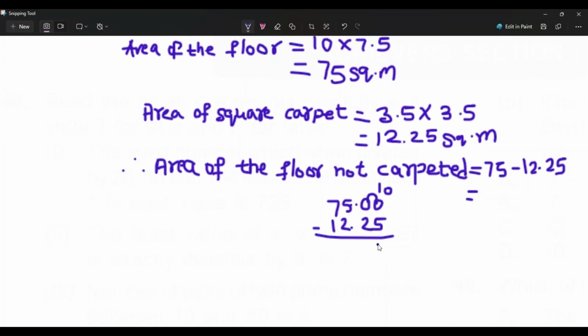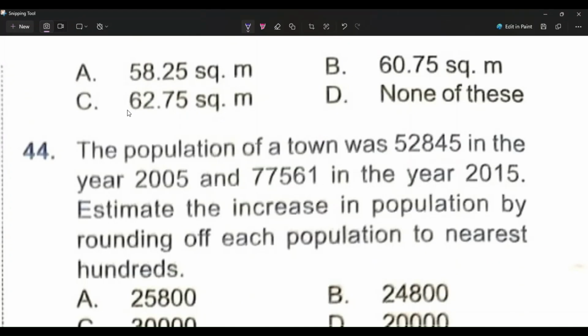So take a borrow, it becomes 10. 10 minus 5 is 5. 1 when borrow, it becomes 9. 9 minus 2 is 7. 7. It becomes 4. 4 minus 2 is 2. 7 minus 1 is 6. So answer is 62.75 square meters. So option C, 62.75 square meters is the right answer, children.